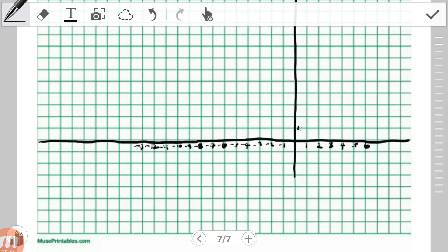So I'm gonna be going up here. 1, 2, 3, 4, 5, 6, 7, 8. All right, and then down here would be -1, -2, -3, down a little more, -4.